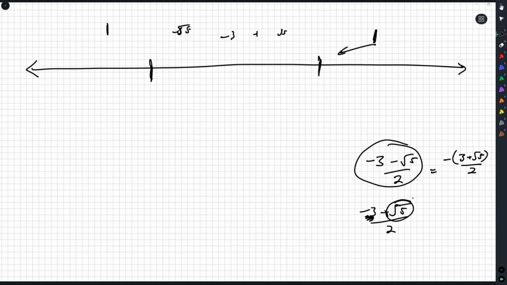But one of them is definitely bigger than the other because you're adding versus subtracting a positive amount. So we've got that arrangement, but how am I going to get these test values? Remember, I don't want to be doing any calculations with negative 3 plus root 5 over 2. They're not going to be nice to plug in. So how am I going to get nice numbers to plug into f prime?